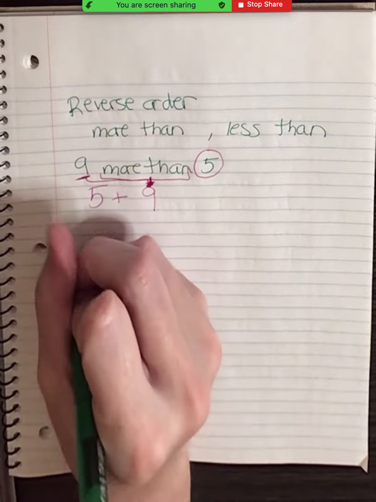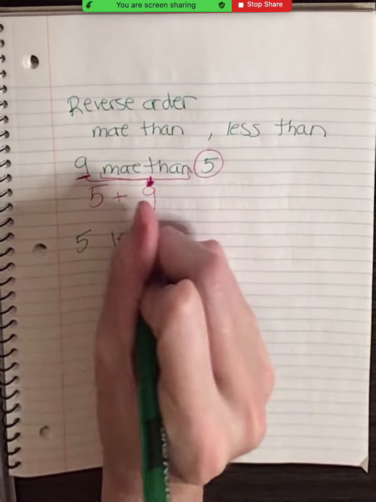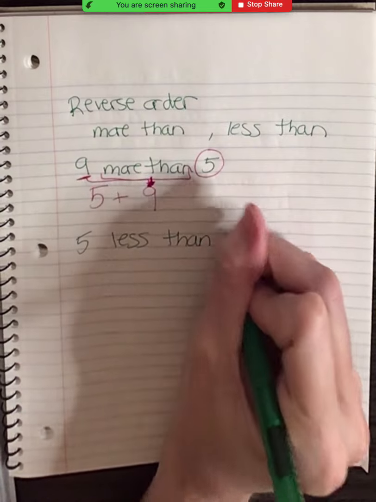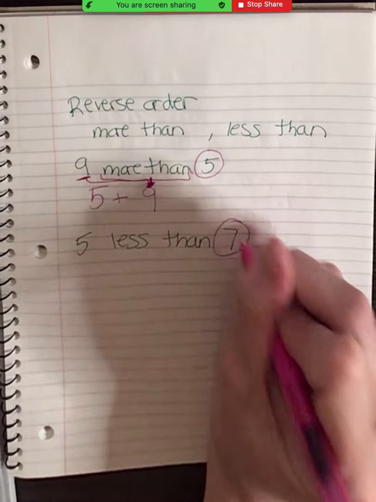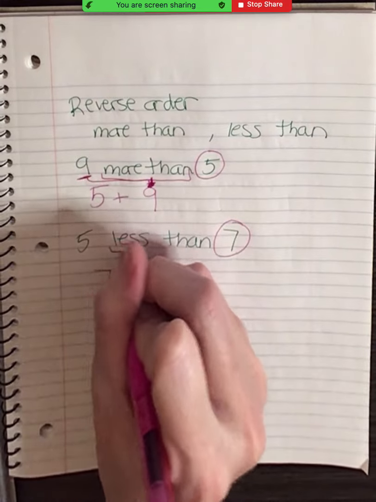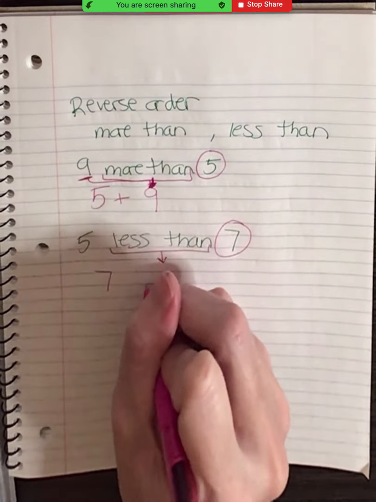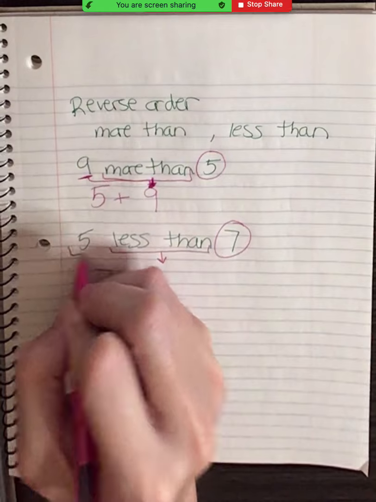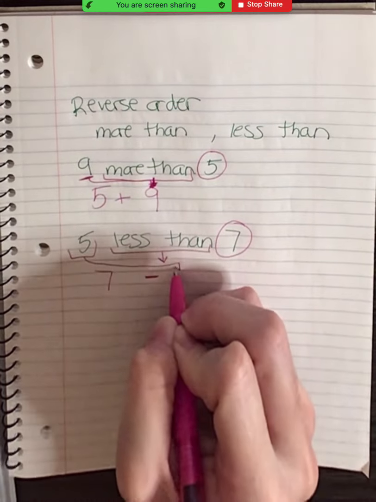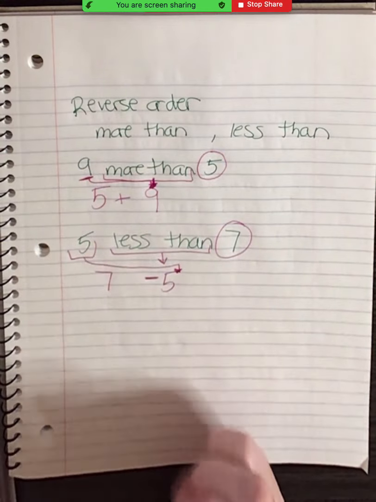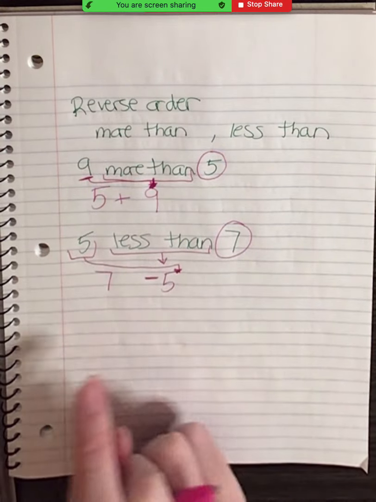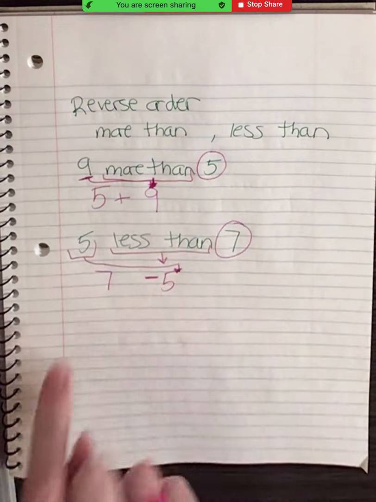Same with less than. If we say 5 less than 7, it's saying we're starting with 7. Less than tells us to subtract, but we're subtracting 5, because we're looking for the number that's 5 smaller than 7.